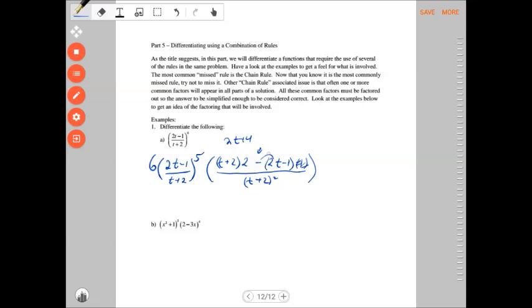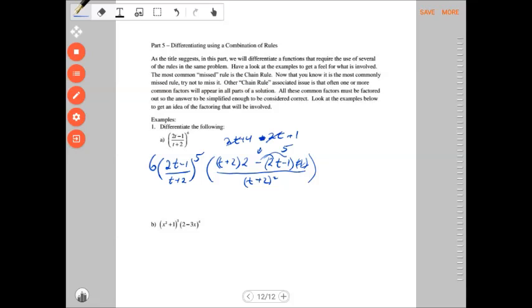But that negative is going to distribute to both parts, so that's going to be minus 2t plus 1. Well, 2t minus 2t, that cancels. And 4 plus 1 is just 5. Well, that's really nice because that part then just simplifies to 5 over t plus 2 squared. So that's kind of nice.